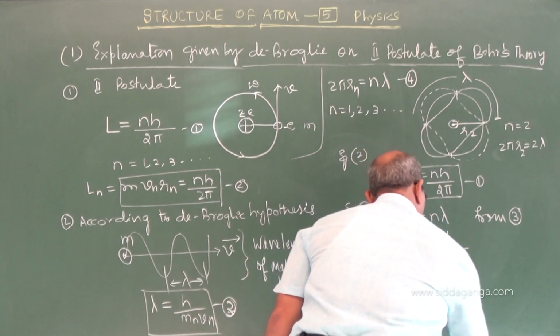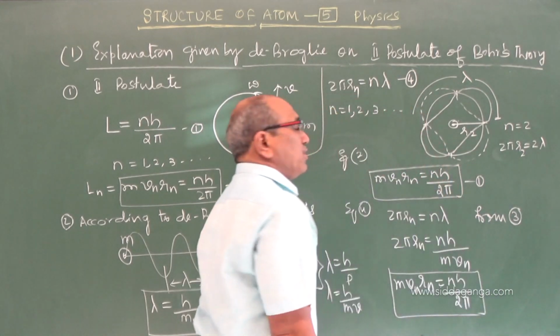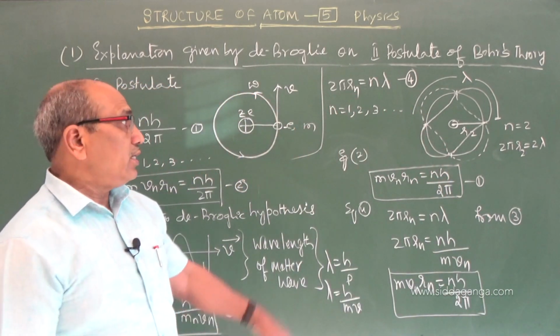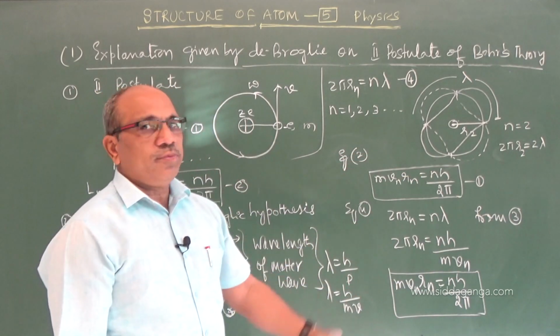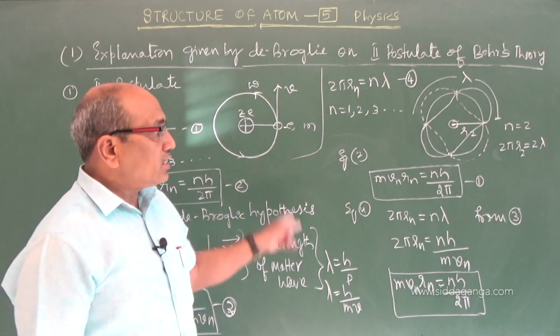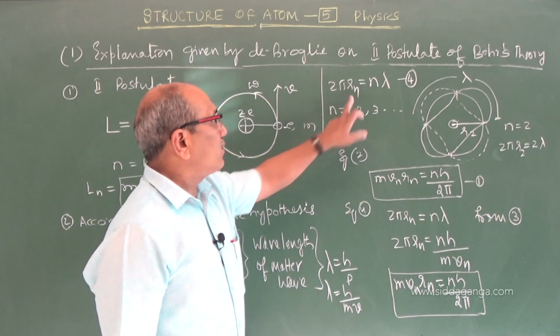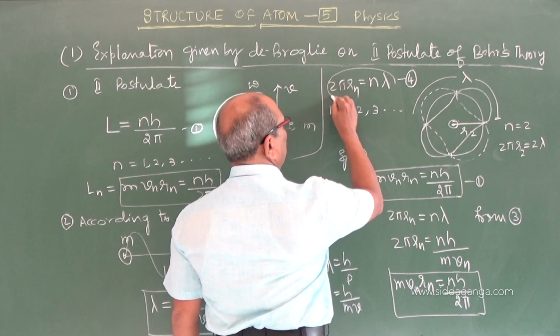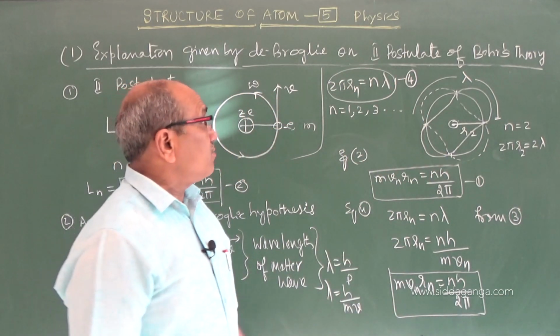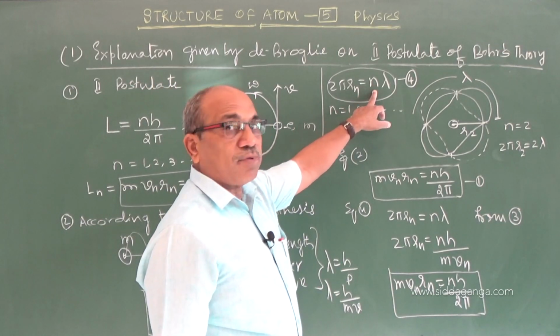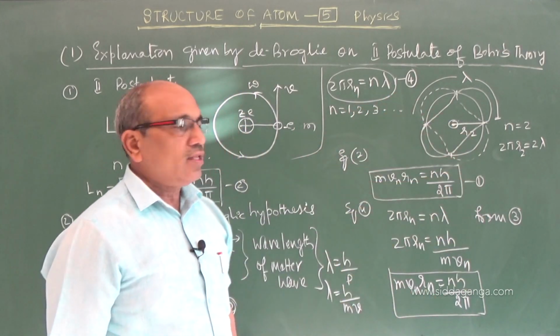So how does the electron take specific orbits? Conditioned by the stationary waves, only such orbits will be selected. The circumference of the orbit of the electron in the atom round the nucleus must be an integer multiple of the wavelength of the electron.